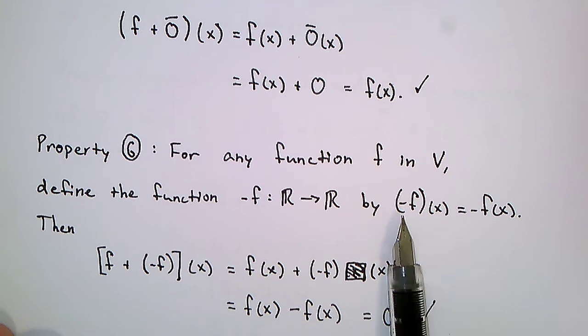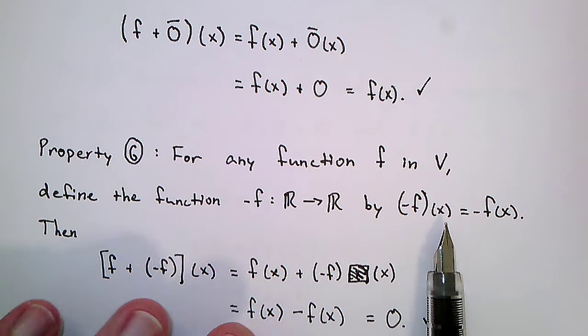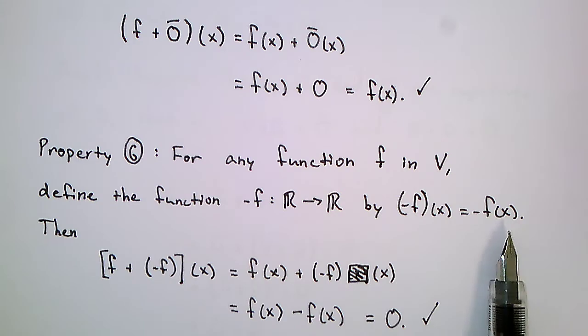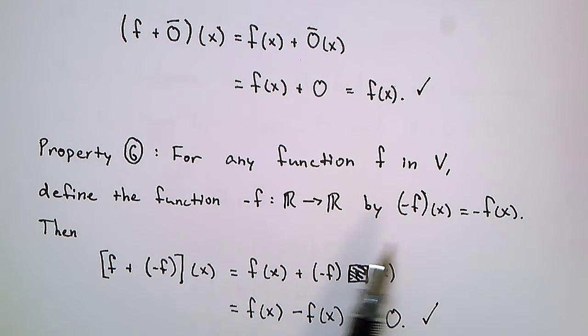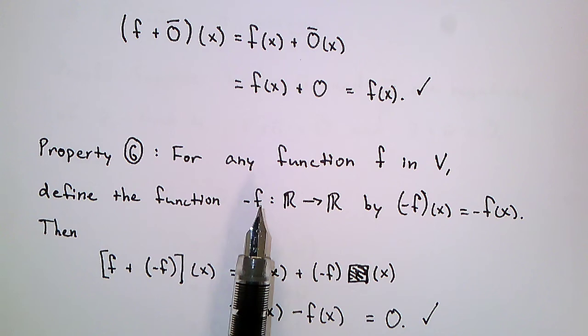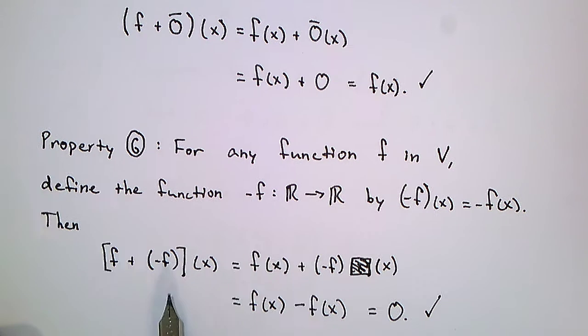And this is how it's going to work. If I plug something into this negative f function, then it's just going to spit out minus f of x. So what I want to do is check that when I add f and minus f, I make sure I get 0. So that's what I do down here.